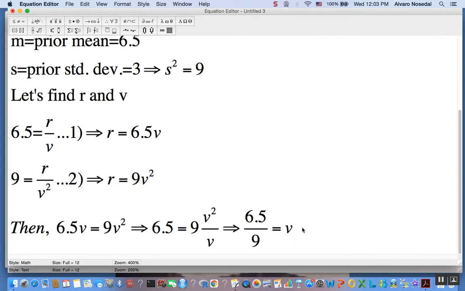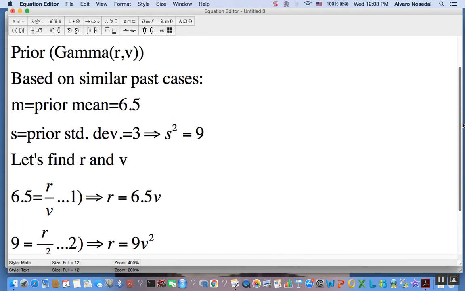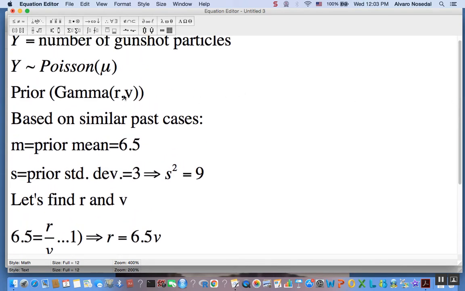Make sense? Now when we do this, if you think about it, when you divide by V, you're assuming that V is different from 0. And V equals 0 would also be a solution for that equation. But if you remember the restrictions for the parameters of a gamma, both R and V have to be greater than 0 in order to have a legit gamma distribution.